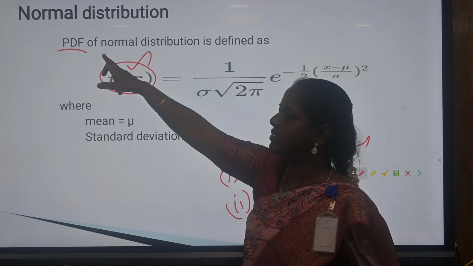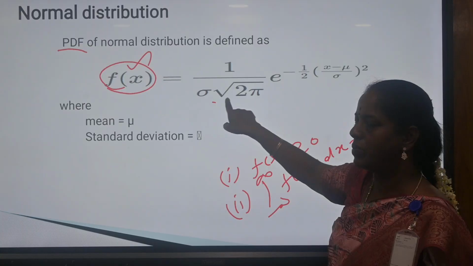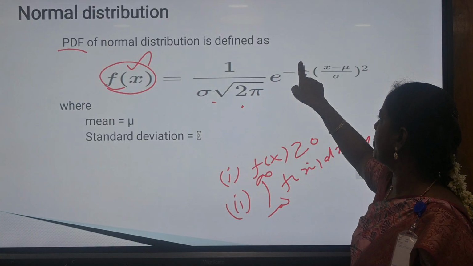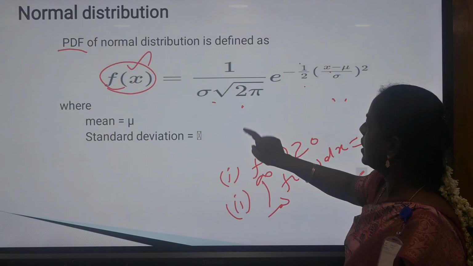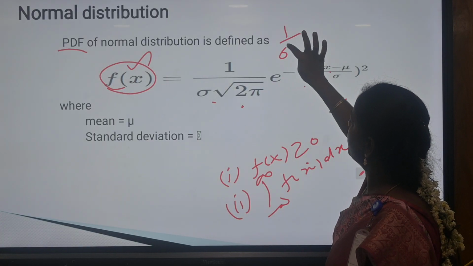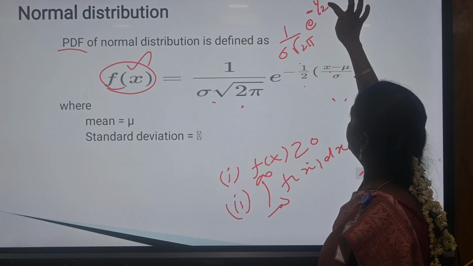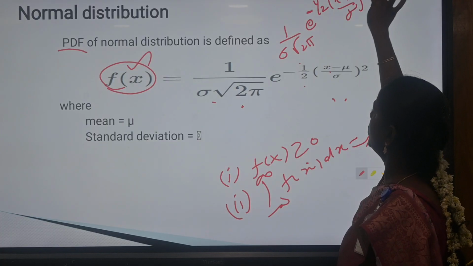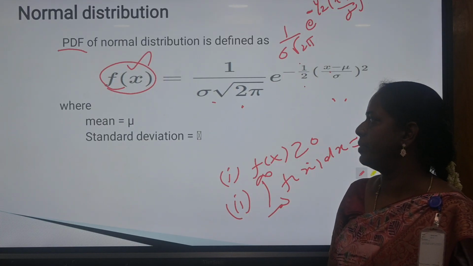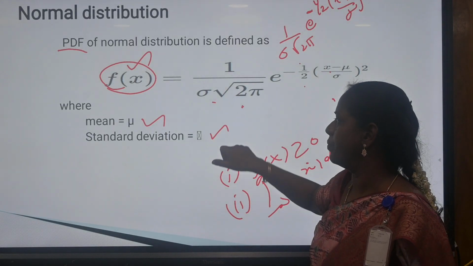The probability density function of a normal distribution is defined as 1 by sigma root 2 pi into e power minus 1 by 2 into x minus mu divided by sigma whole square. The mean of the normal distribution is mu, and the standard deviation is sigma.